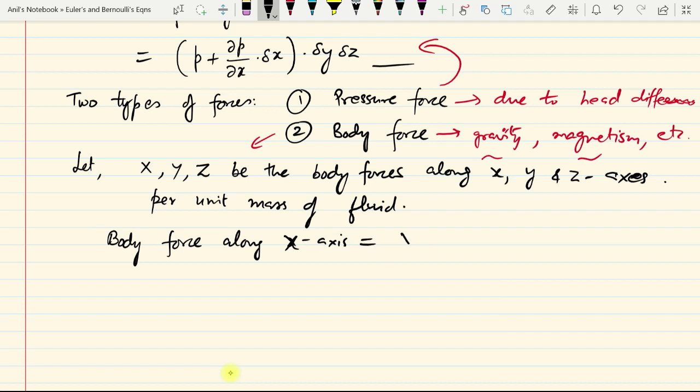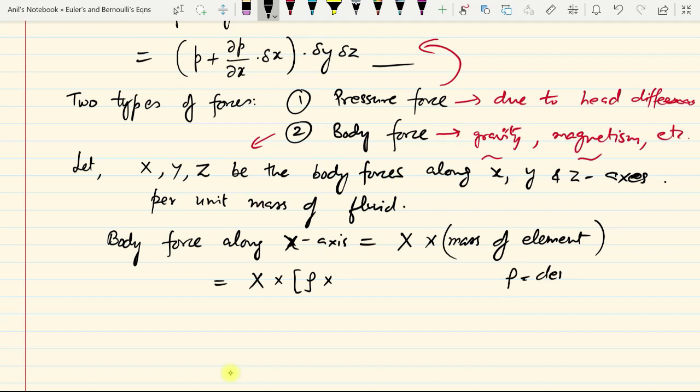It will simply be X into the mass of the element. So you multiply the intensity of body force X with the mass. Mass of the element is density into volume. Rho is the density, which is mass density in fact.